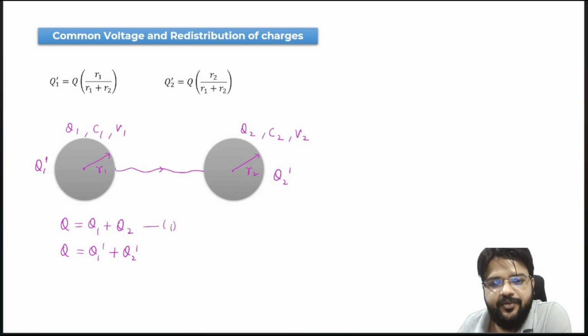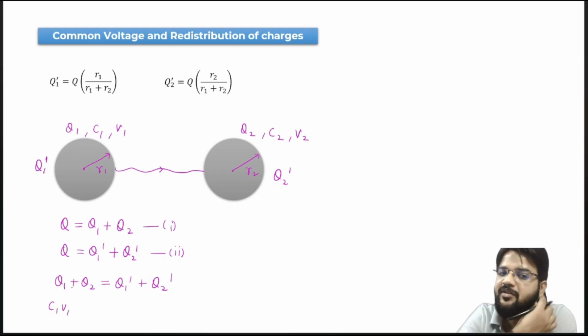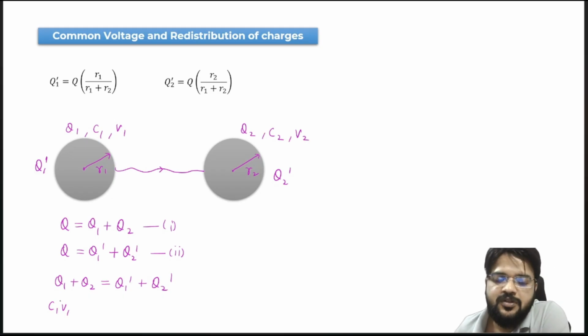So here we have two equations. Now equate both: Q1 plus Q2 equals Q1 dash plus Q2 dash. Q1 can be written as C1 V1, since the initial potential of the conductor is V1 and Q equals CV. Q2 can be written as C2 V2.